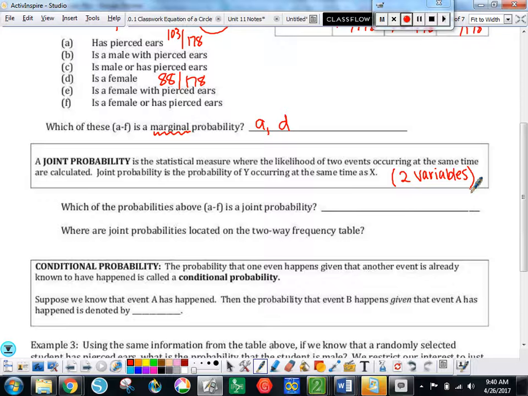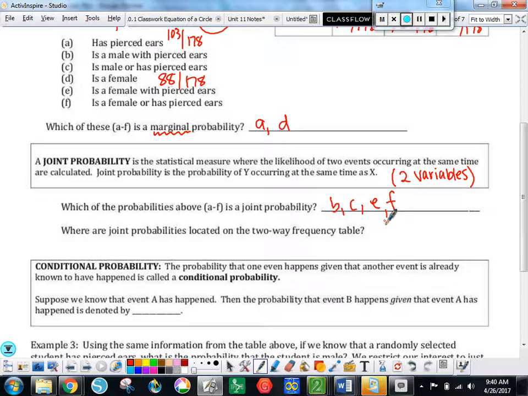Okay, so which of the ones above would be a joint probability? Well, not A. B, C, E, F. So basically it's one or the other. I can see where you would say that, yeah. I don't know that it's necessarily true, but, yeah.